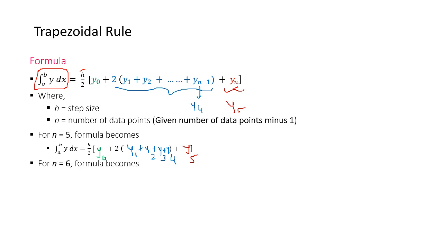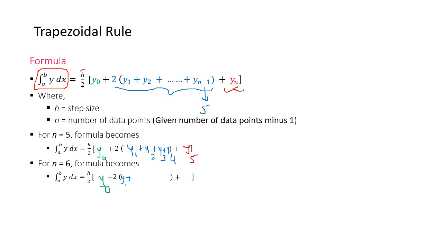Let's take another example. If n is equal to 6, then the same formula becomes again h by 2. Again we start with the green term, so y0 as it is. Then we write terms in blue color. We have 2 into y1 plus and so on up to this term. This time n is 6, that's why n minus 1 becomes 6 minus 1, 5.